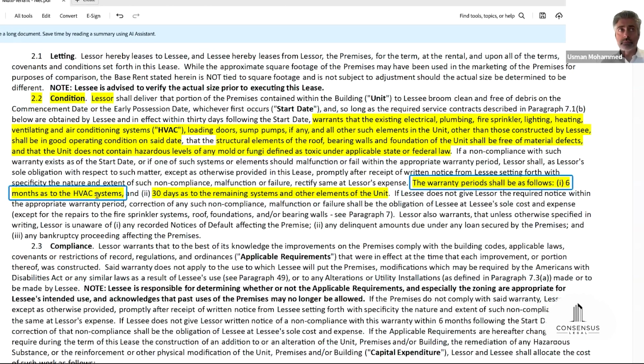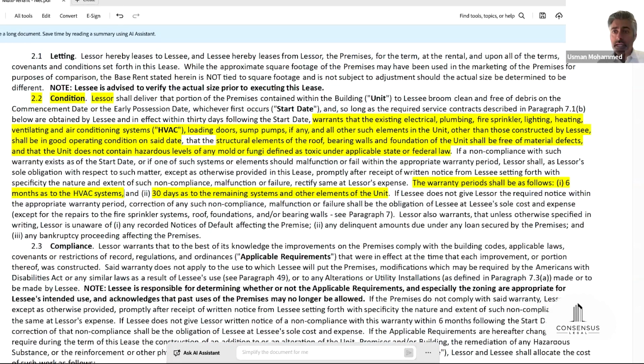So great question, Matt. And yes, if those aspects within the premises fail within the applicable warranty periods, then lessor, not lessee, is responsible. And please note that those warranty periods, 6 months and 30 days, begin from the start date, which is the earlier of the commencement date or early possession. So keep that in mind. That's a nuance that some people don't realize.